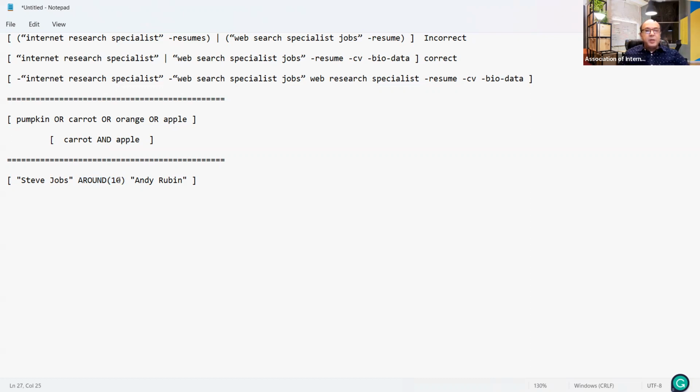So it has to be either 10 or less, in the sense in which it is going to return the query that completes whatever is in between as number of words.